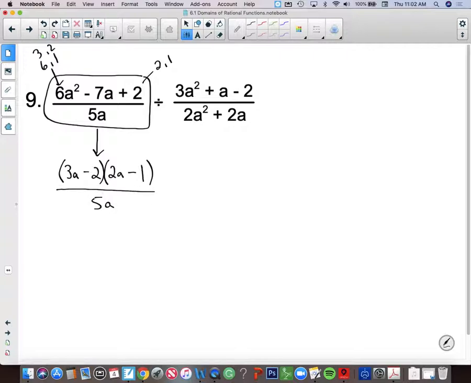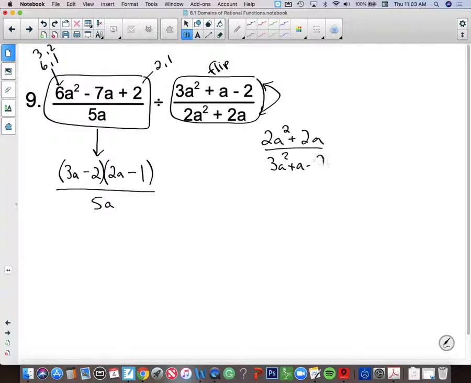Okay? And then this one, we've got to flip it. Okay, we've got to flip that thing. So let me do that quick. So 2a squared plus 2a is going to be on the top, and the bottom would be 3a squared plus a minus 2. So that's our new rational expression that we're going to factor.